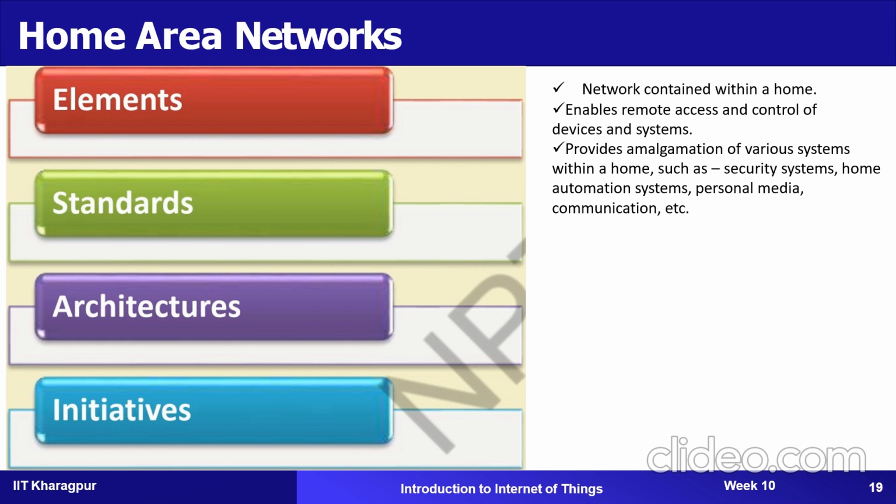Similar to these two kinds of network, the network which is contained within a home is your home area network. It enables remote access and control of devices and systems and provides amalgamation of various systems within a home such as your security system, home automation system, personal media and communication.